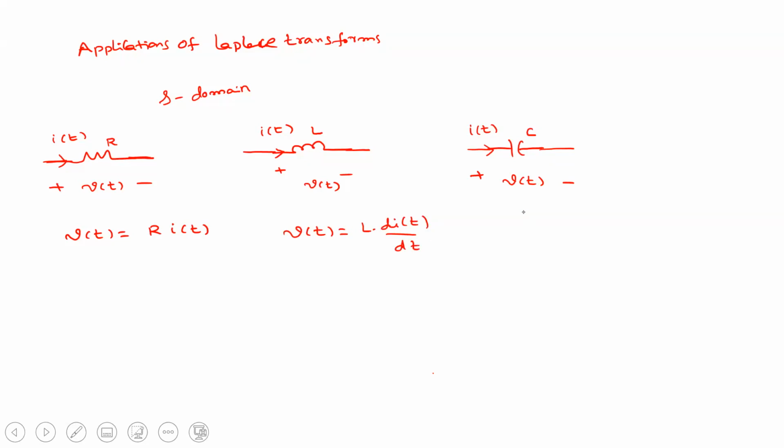And for the capacitor, I of t is equal to C into dv by dt. Right? So let's discuss one by one.